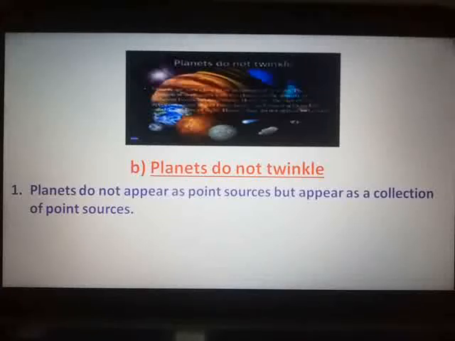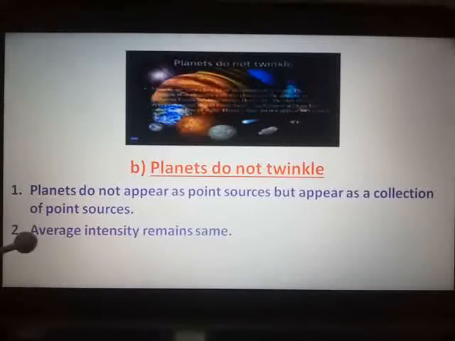Because of the changes in the atmospheric refractive index, the position as well as the brightness of each individual point source changes, but the average position and the total average brightness remain unchanged, and hence planets do not twinkle. Average intensity remains the same.